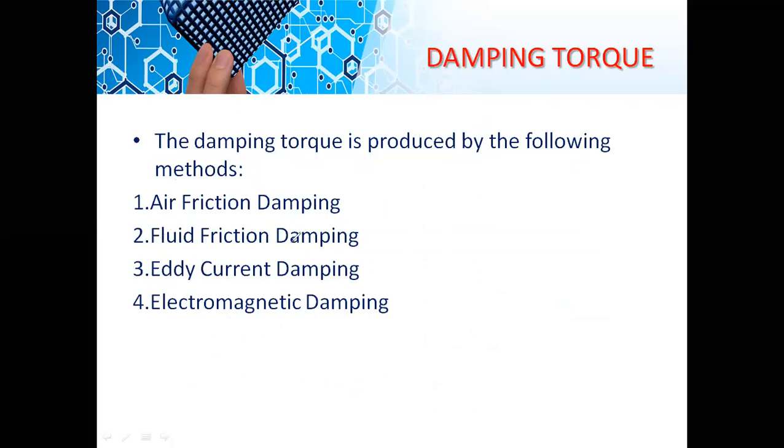The other one, fluid friction damping. Third one, eddy current damping. Fourth one, electromagnetic damping. The working of eddy current damping and electromagnetic damping are the same, except that where we use it, the damping torque is distinguished.